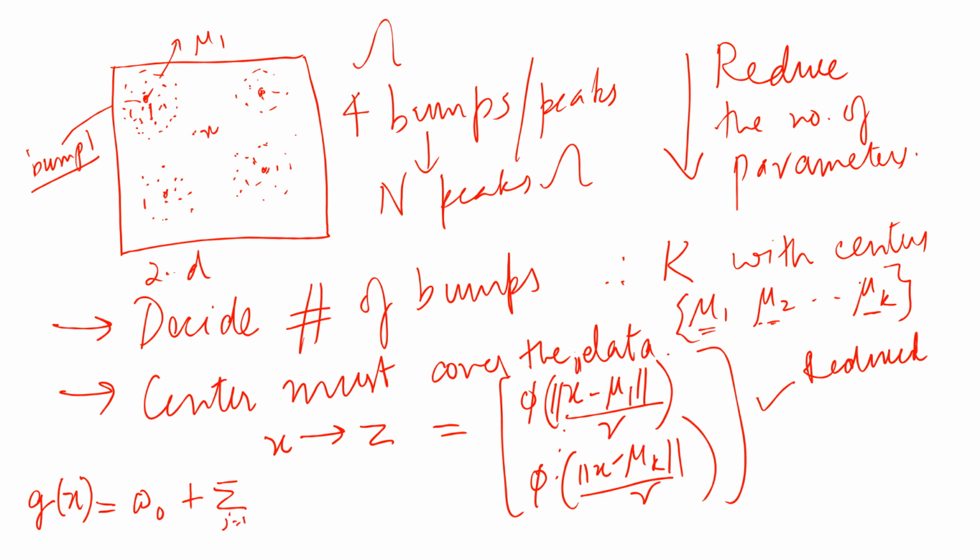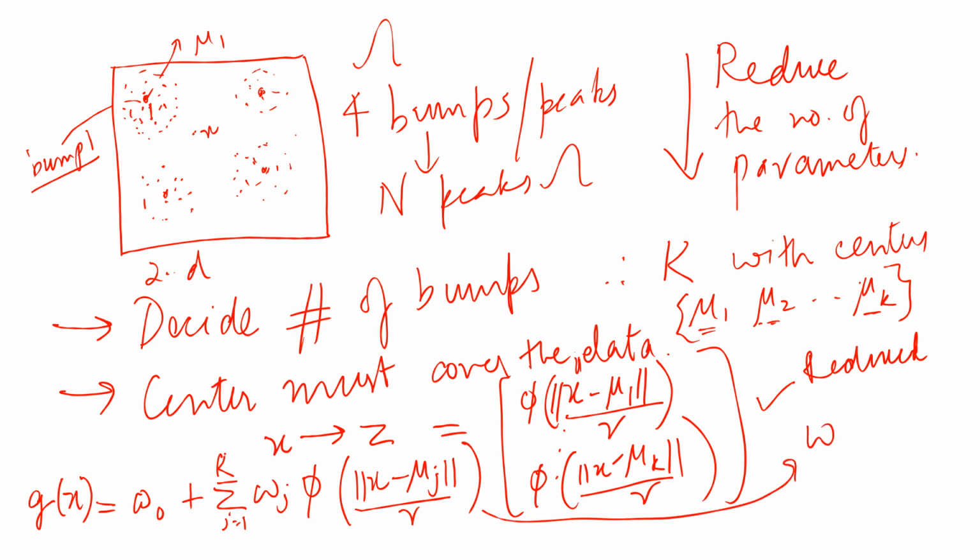Let's say now I'm introducing this j equals 1 up to k. Why? Because I have k centers. So I'm replacing the xn's that we have with phi of x minus mu sub j over r. So now this in turn, let me write it here only, is W transpose Z, similar to this form.